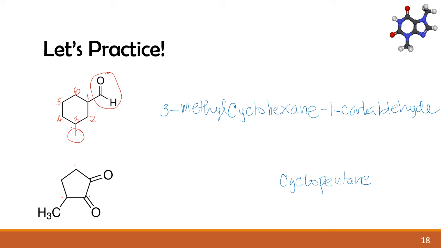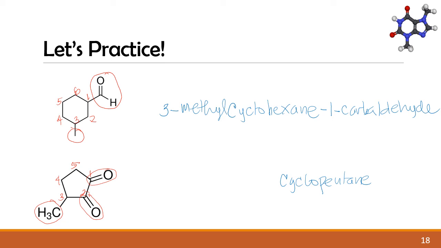The cyclopentane has 3 substituents, a ketone here, and a methyl here. So when we number the substituents, we number it giving highest priority to the ketone over the alkyl. So this is carbon 1, 2, 3, 4, and 5.